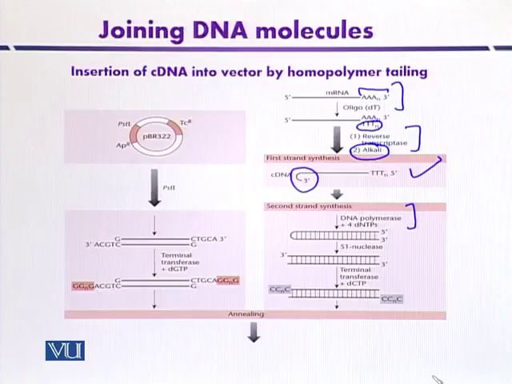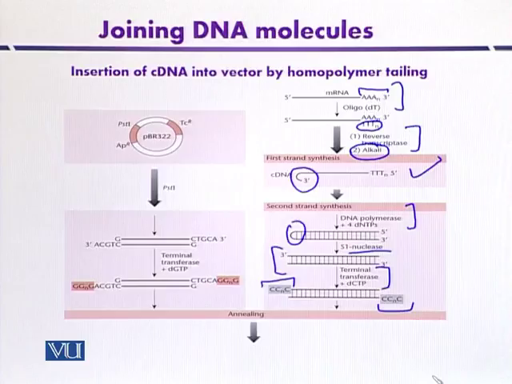At the other end of the DNA this hairpin loop-like structure is there, and it can be hydrolyzed by the use of some nucleases, so that one can get double-stranded cDNA. Then this cDNA can be treated with terminal transferase, so that it can introduce only, for example, cytosine homopolymer tails at the 3' end.